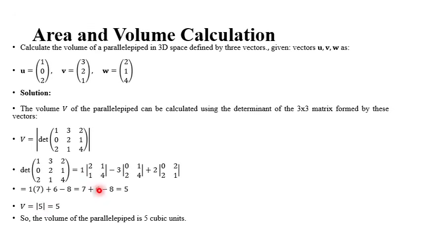It will result, if done appropriately, in the value 5. Basically the modulus of the determinant will give you the volume of the parallelepiped. So the volume of the parallelepiped is 5 cubic units, since the determinant is 5.